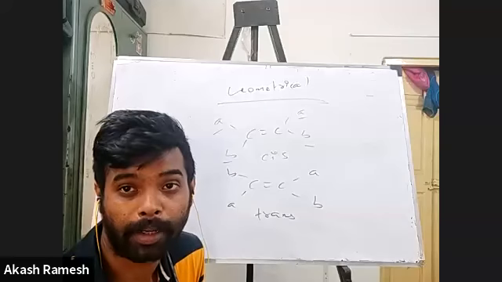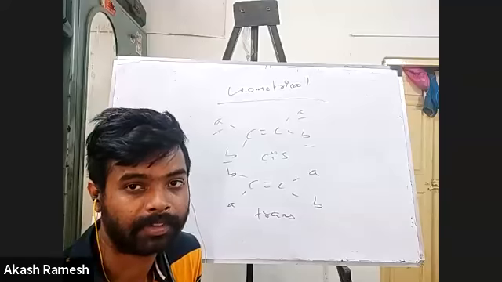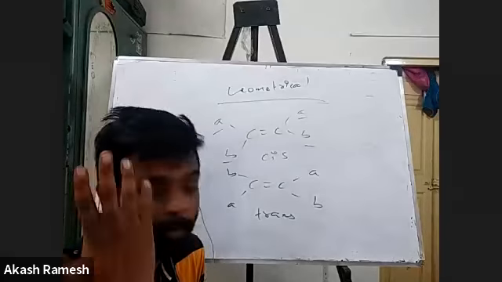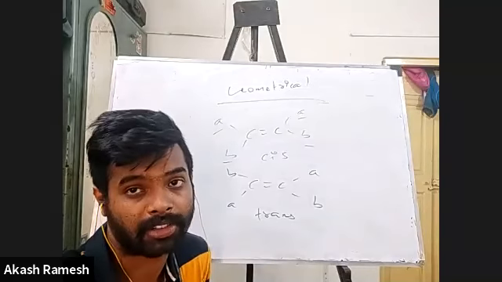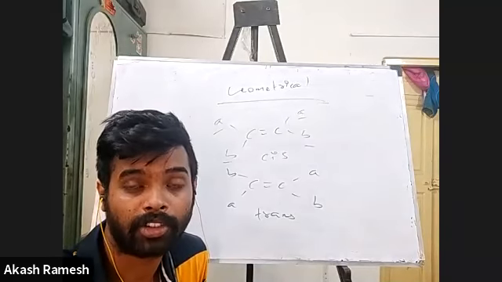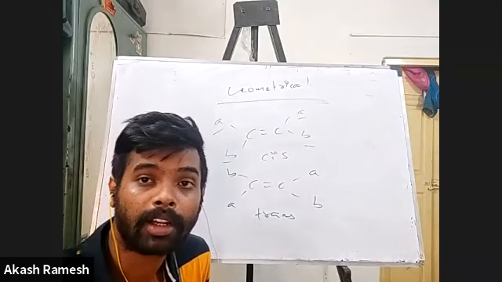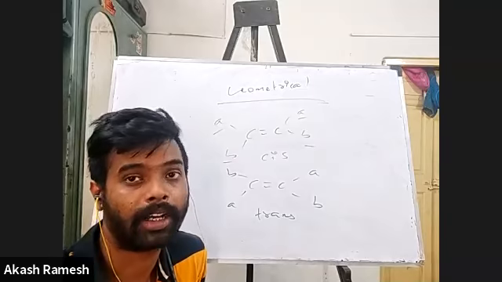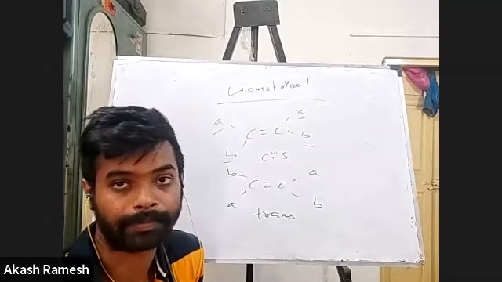So it's all about repulsions. In trans, I have less repulsion between the groups. But in cis, since they are on the same side, I'm going to have higher repulsions there. So the reason why trans is more stable is because it has lesser repulsion when compared to cis.